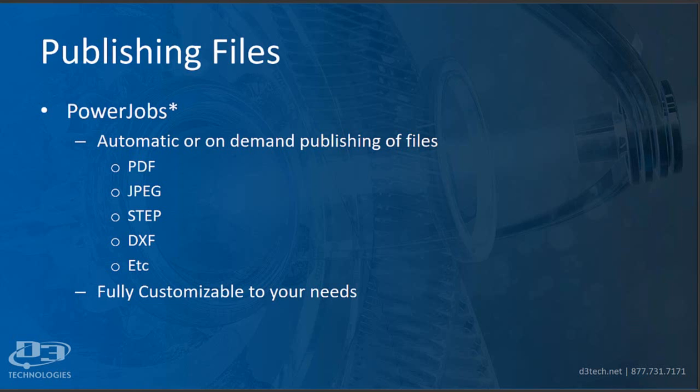Say you need to publish a PDF on a drawing. We can do that. We can publish that PDF in so many different ways. With all these file types that you see listed here, we have unlimited options on how they are produced, saved, stored, emailed, watermarked, and named. We can name them anything that you want, assuming that that property exists on the file that is mapped to Vault. So say you have a file that is file ABC, Rev C, and its description is I'm a big box.